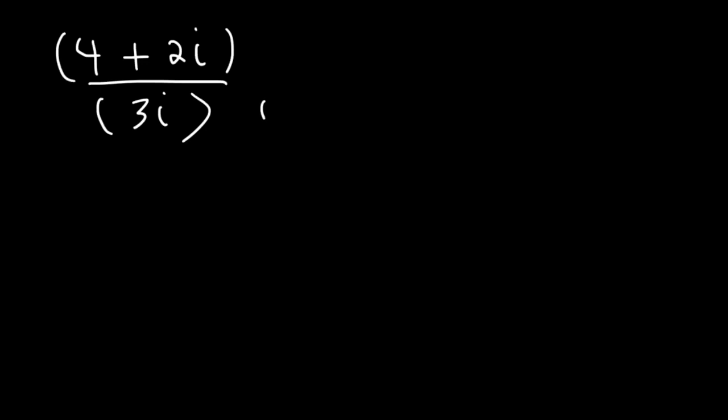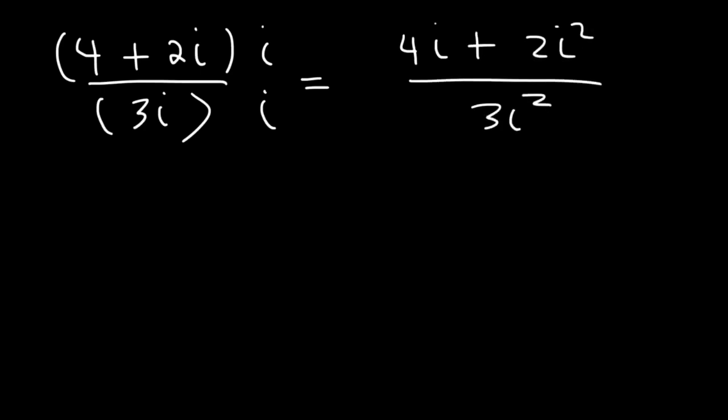Given an example, the equation 4 plus 2i divided by 3i. In order to do away with this i again, we multiply by i. So here I'll have 4i plus 2i squared over 3i squared. You know i squared is equal to -1.